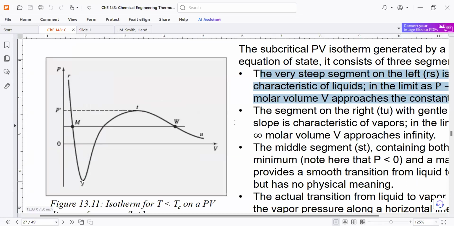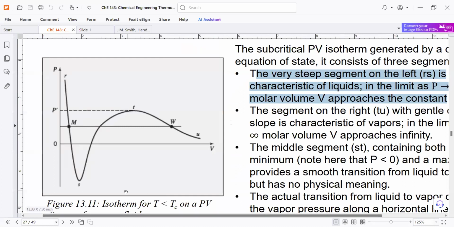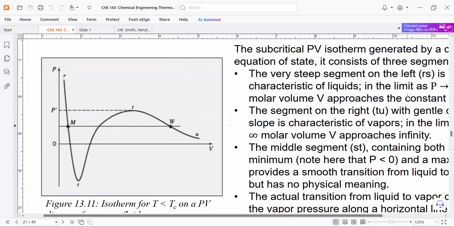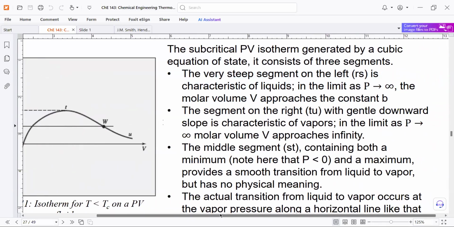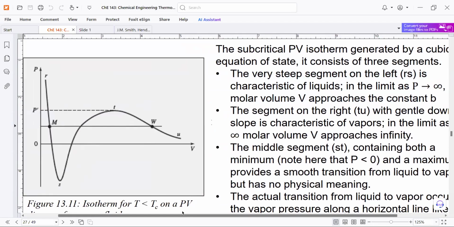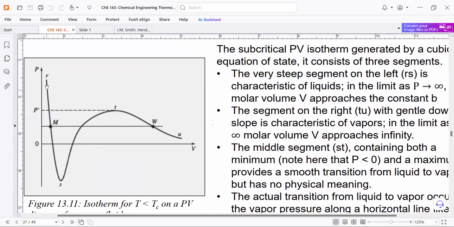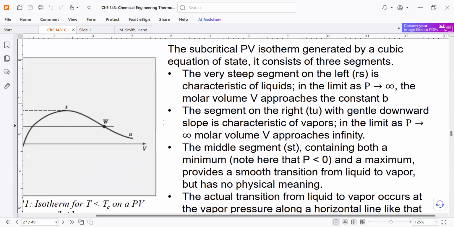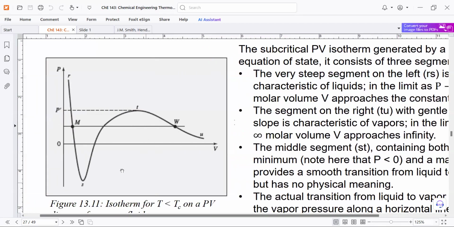Or rather, let's move from S to R. We are going from a low pressure to a higher pressure. What do you notice? This curve is very steep. And this is actually a characteristic of liquids, because when P approaches infinity, the volume approaches a certain limit, and that's the constant B. Okay, it's the molecular volume.